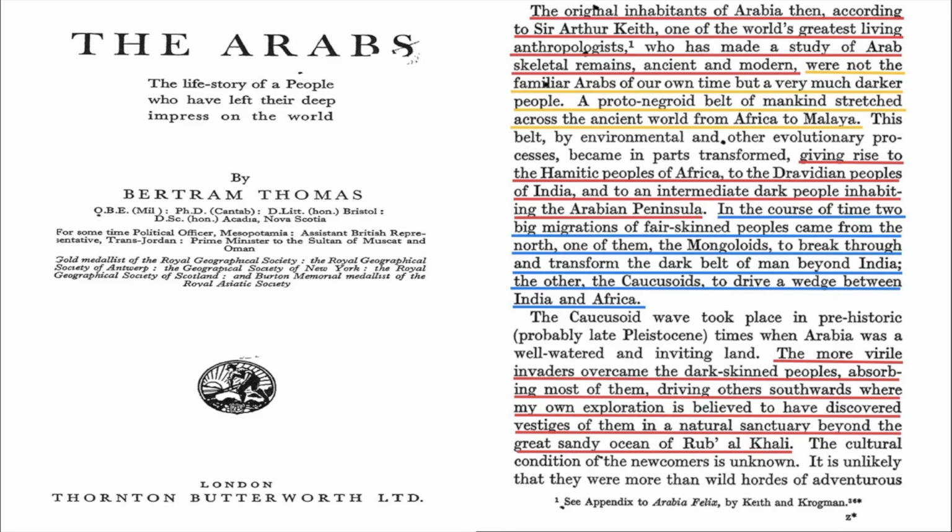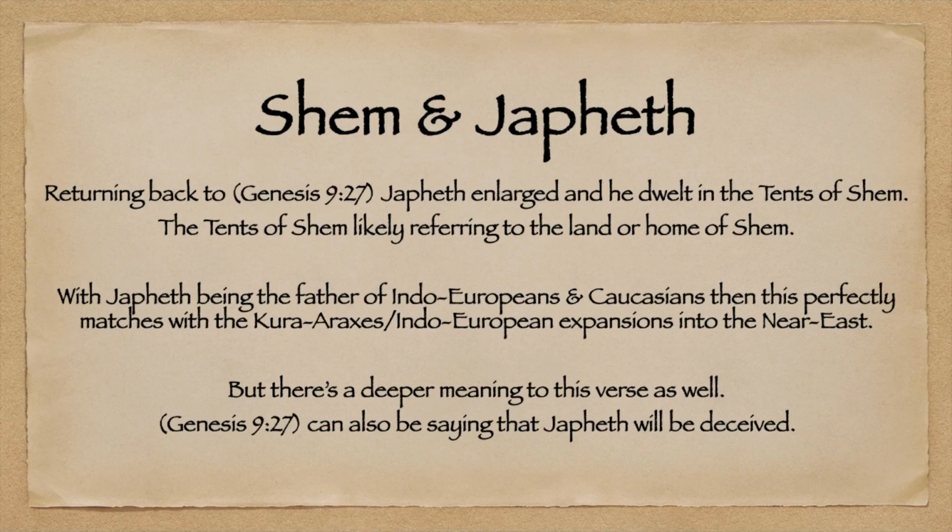So again, you have a migration of Caucasoid peoples, as he said, two migrations, but I believe that there were many, and these people absorbed the darker skinned people, or a lot of the darker skinned people went south. So those are two things that would have happened.